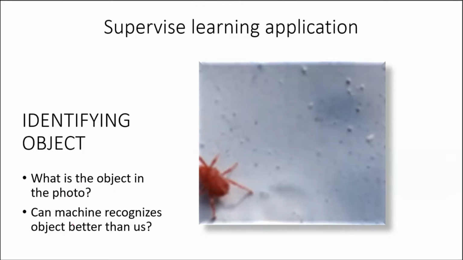Can a machine recognize objects better than us? The machine can recognize this. Supervised learning is able to recognize what this is. We humans basically don't know what this animal is because we don't have a clue. But when you let the machine learn, it can recognize this, even if it only shows half of the body.